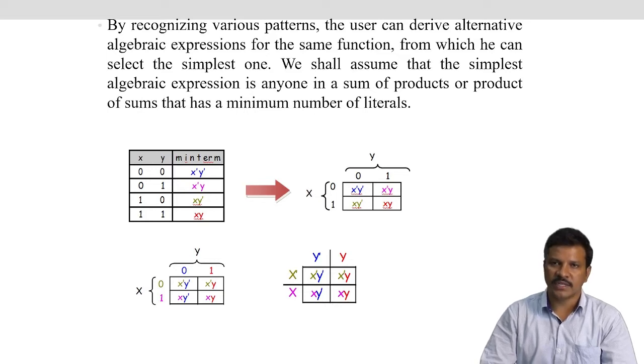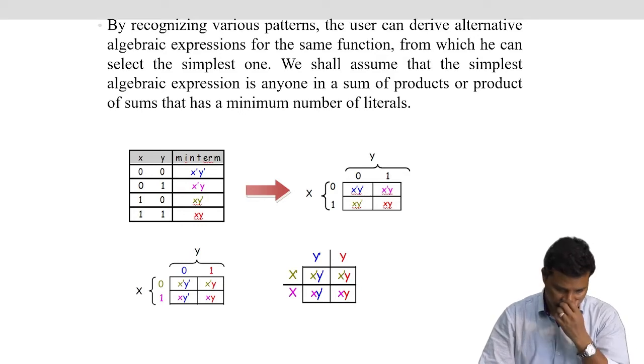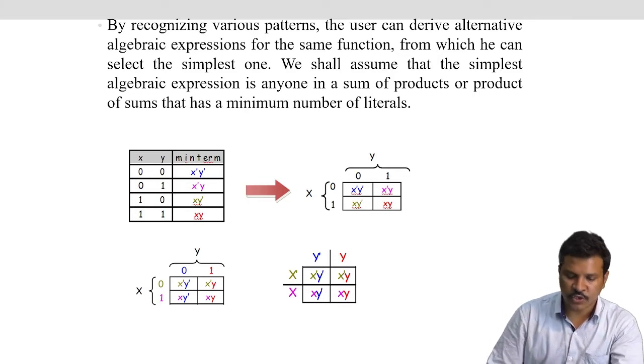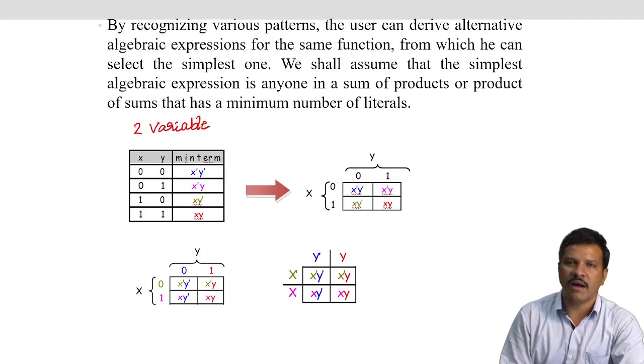Let us see what the Karnaugh map is and how to represent these minterms in the Karnaugh map. Take a two variable map, where the literals are x and y. When there are two variables, we have 4 possibilities: 0 0, 0 1, 1 0, 1 1.